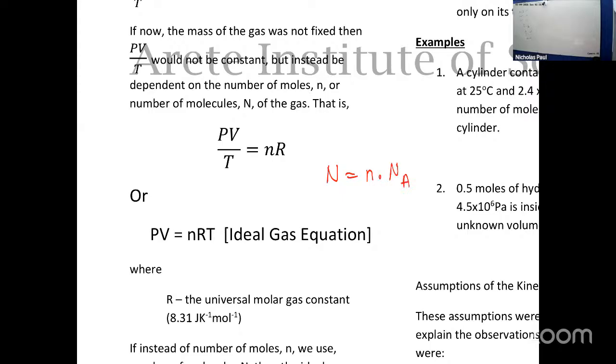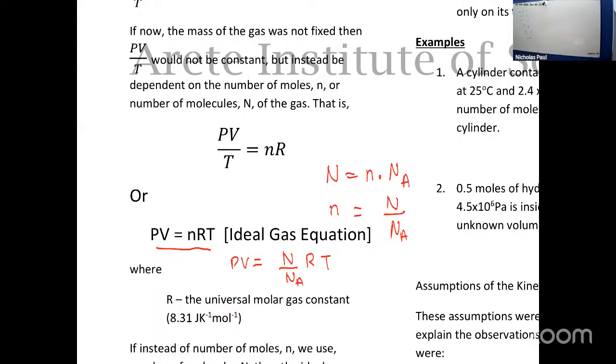So the number of moles is equal to N over NA. Correct? So instead of writing PV is equal to nRT, I could write PV is equal to N over NA by R by T.